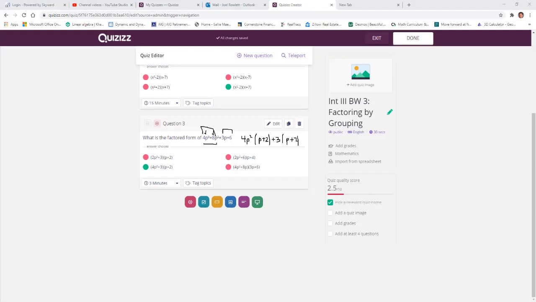Now that I can see that I have p plus 2 common in both terms, I can take out p plus 2. And what's left over is 4p squared plus 3. And here's the answer here.